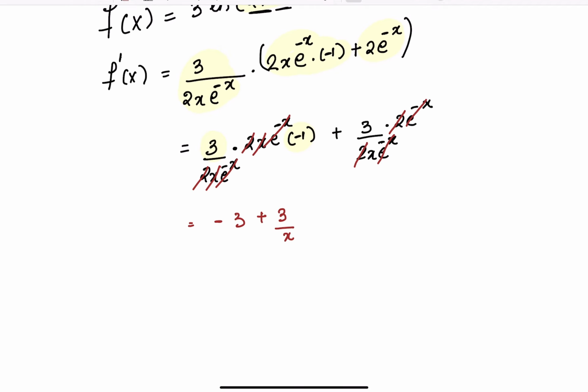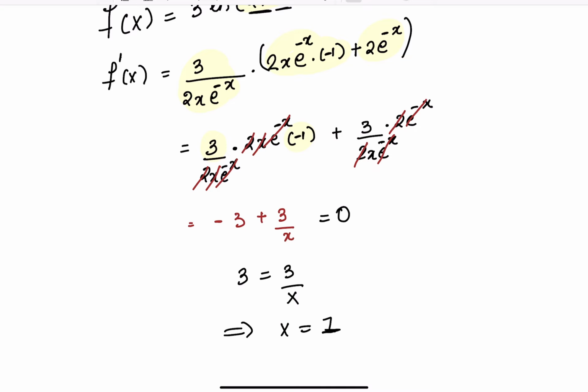And remember, I'm trying to find the critical values, so I'm going to set this equal to 0. So I have 3 is equal to 3 over x. In other words, my x is equal to 1.